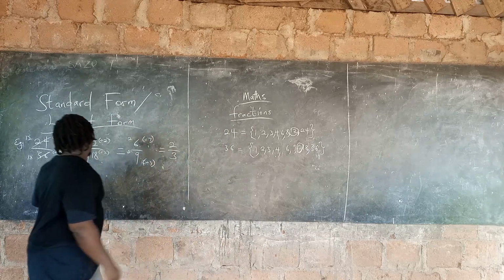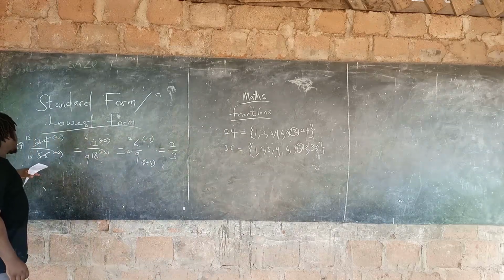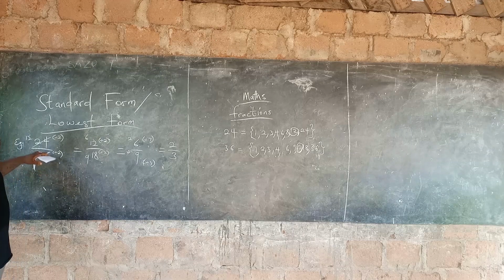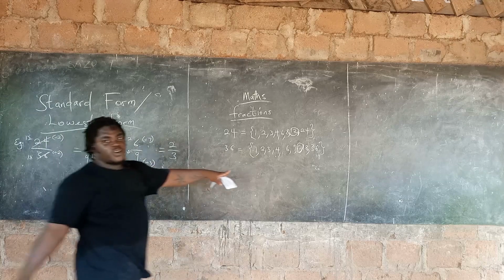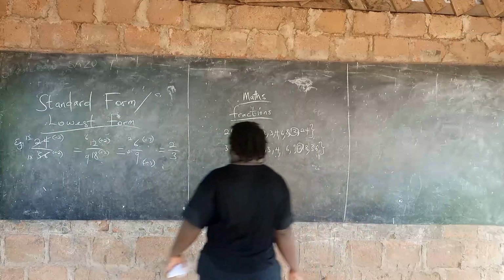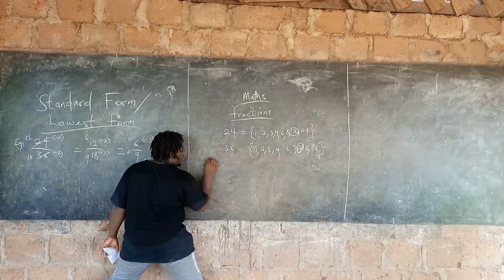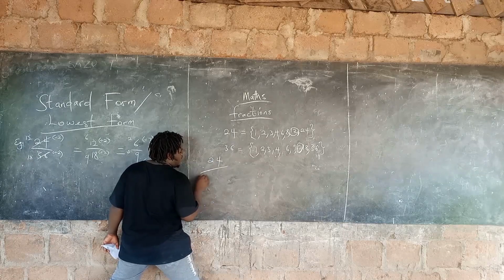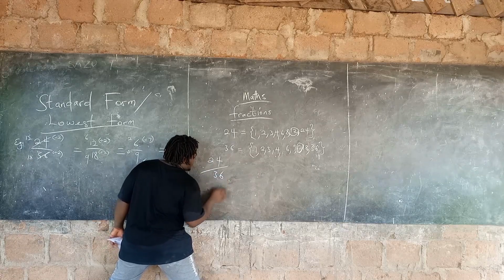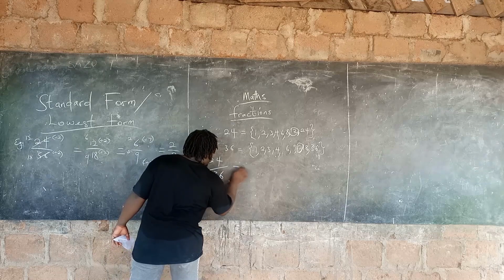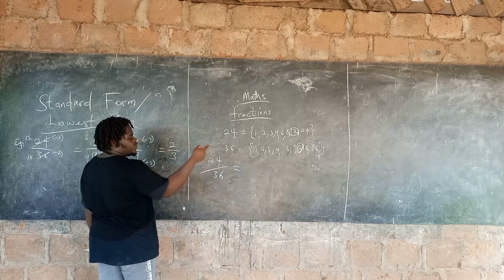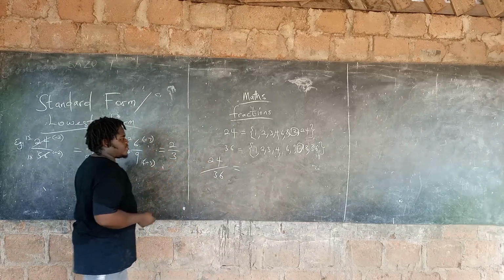So now, let's find the standard form for 24 over 36 with the highest common factor. We said 12 is the highest common factor.